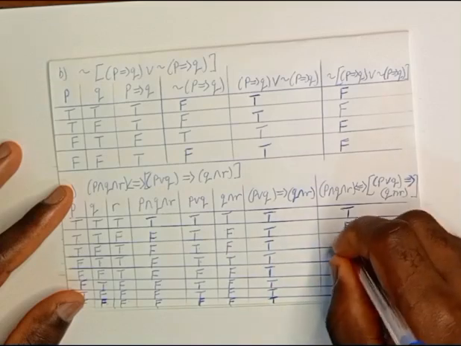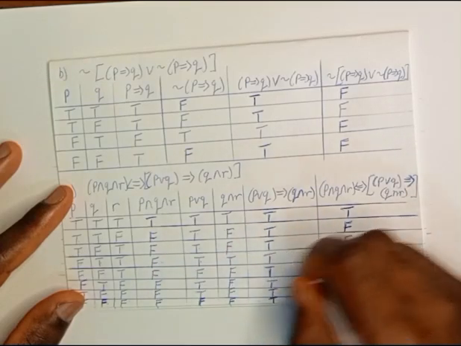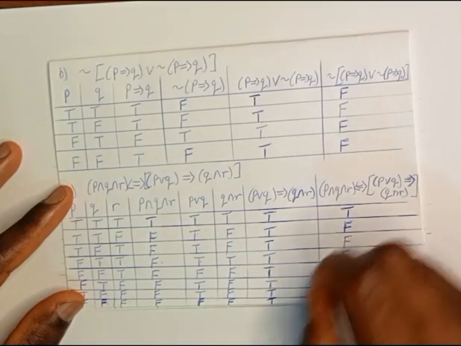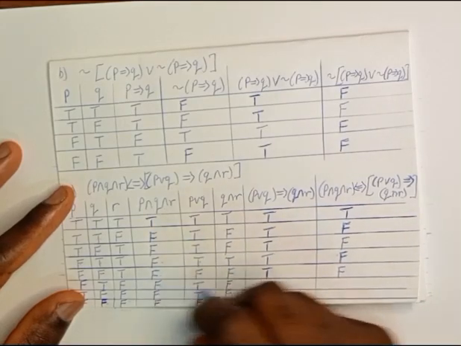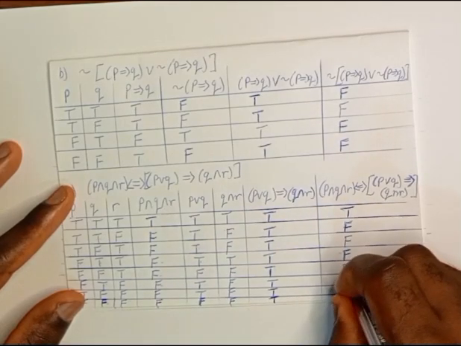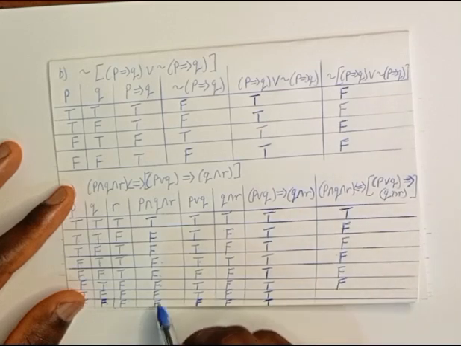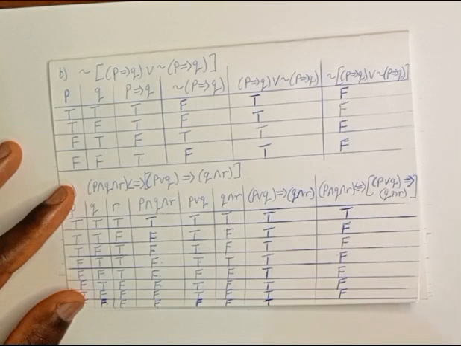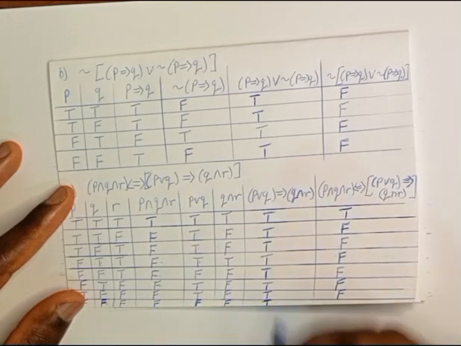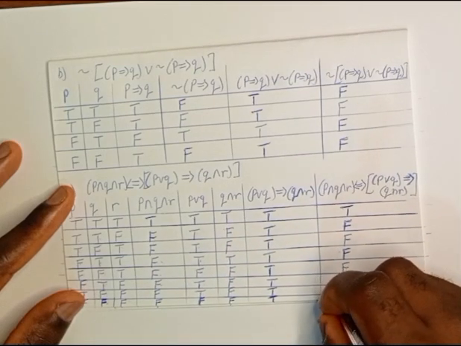False, true gives false, and lastly false, true gives false.